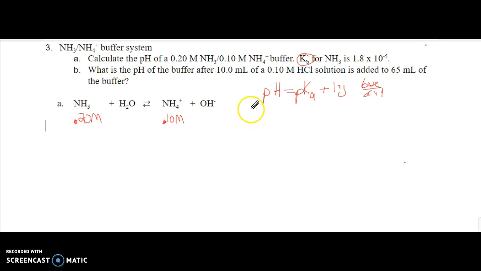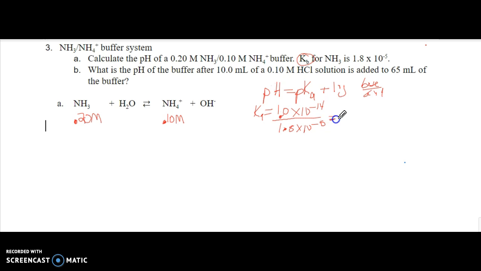So this goes back to that Ka times Kb equals Kw. So to get Ka, I'm going to do 1.0 times 10 to the minus 14th over my Kb, which is 1.8 times 10 to the negative 5th.